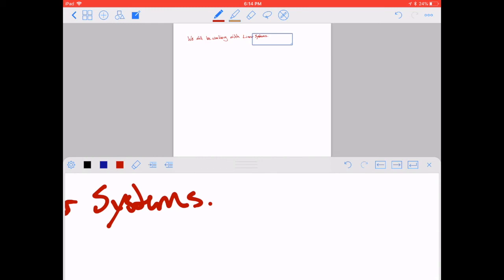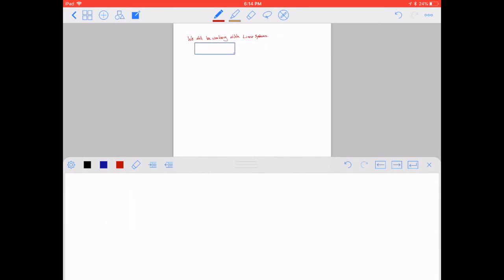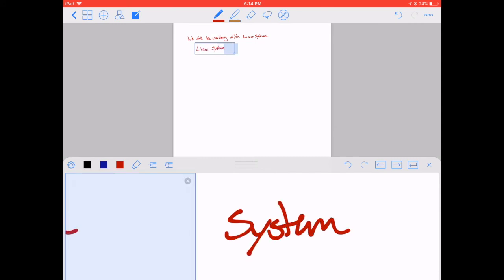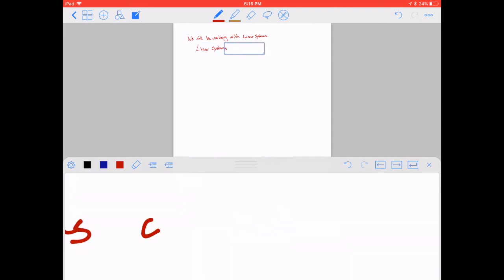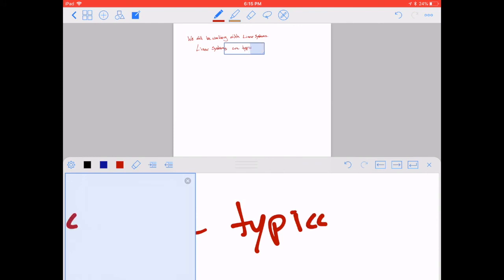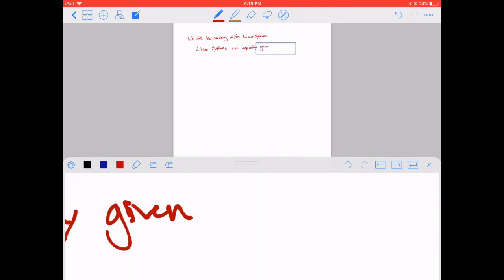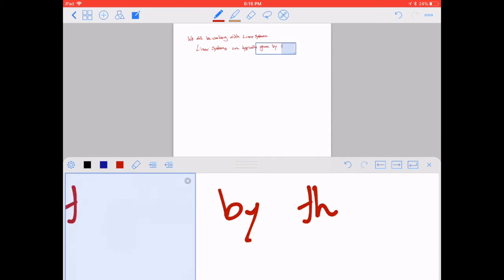Okay, and as we discussed a couple times in class, and I'll talk about the properties of linearity in the next presentation, linear systems are typically given by the following equations.